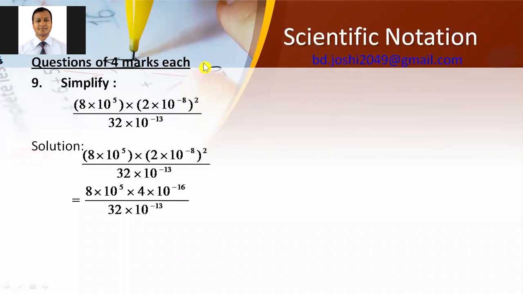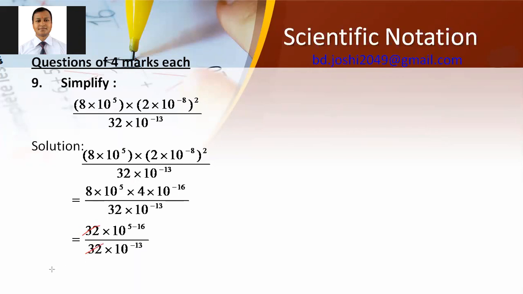32 into 10 to the power 5 minus 16 that will remain in numerator, isn't it? 32 into 10 to the power 5 minus 16 in numerator, in denominator 32 into 10 to the power minus 13. So what is cancelled here?